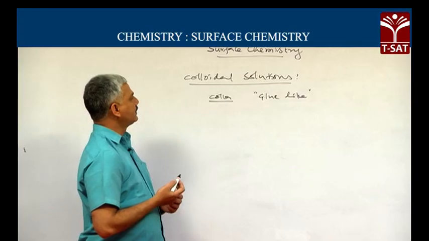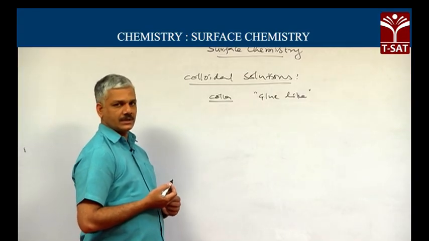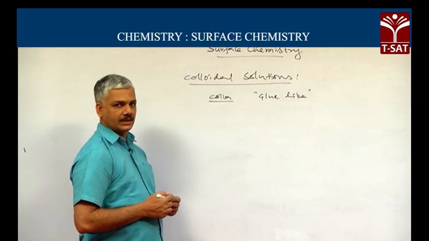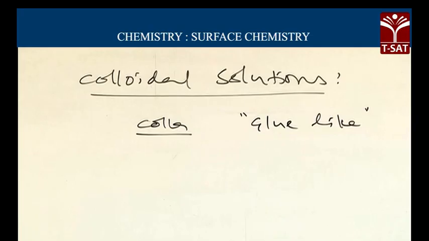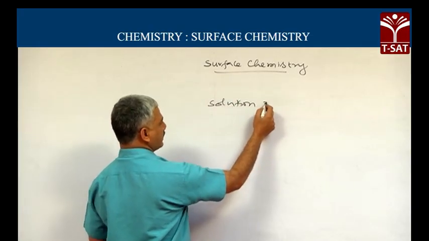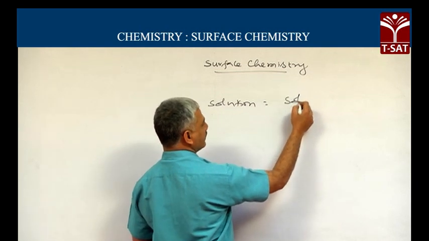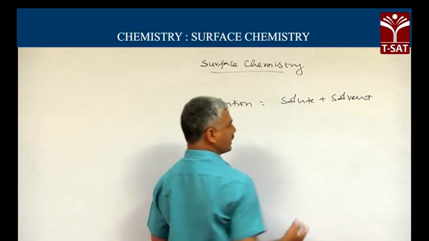But later, this classification of solutions into different types is done based on the particle size of solute. A binary solution can be represented as a mixture of solute and solvent.